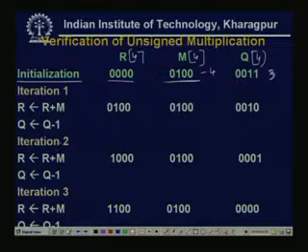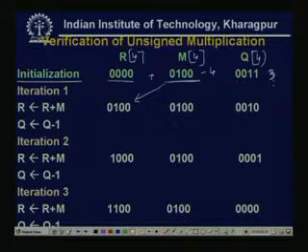Now, in iteration 1, R is R plus M. These two will be added and the result is here. So, all 0 plus 0 1 0 0 is 0 1 0 0. M is the same, no operation, then Q is Q minus 1.